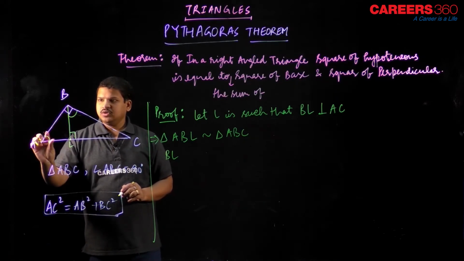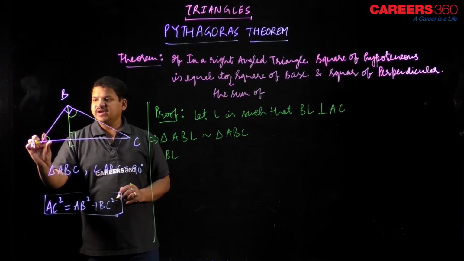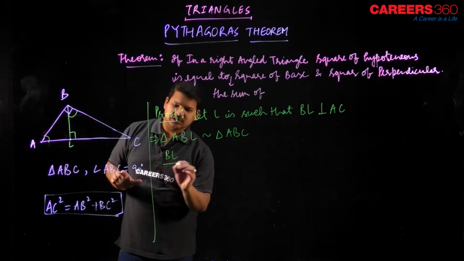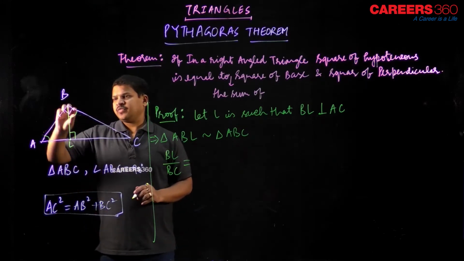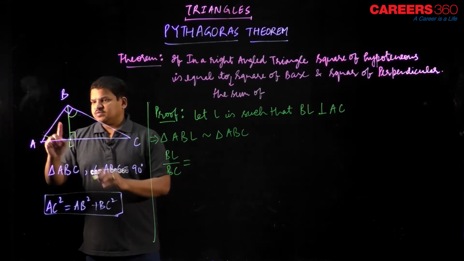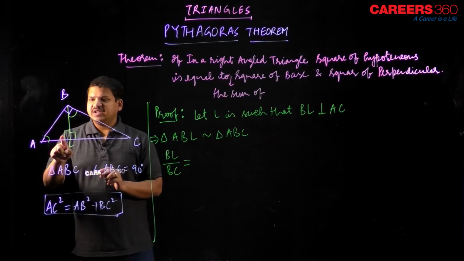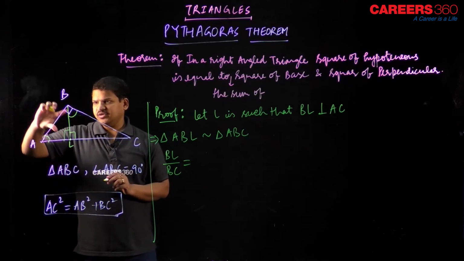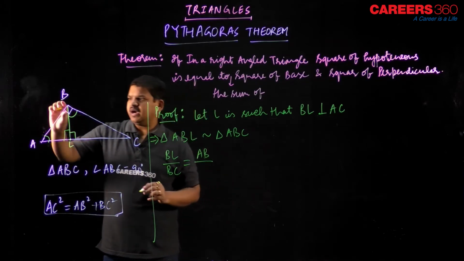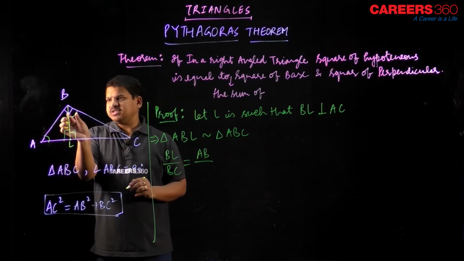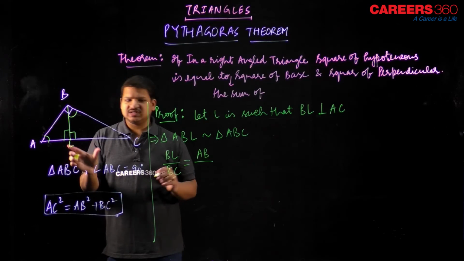In triangle ABC, the side opposite to angle A is BC. Next, in this smaller triangle, this is 90 degrees, so the side in front of 90 degrees is AB, and in the bigger triangle ABC, the side opposite to 90 degrees is AC.